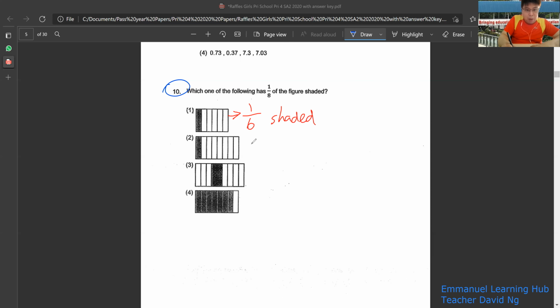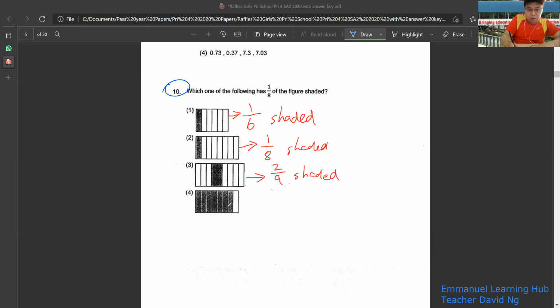Yes. How about part 2? How many parts are there? 8 parts. So how many parts are shaded? 1/8. How about number 3? What is the fraction that's shaded? 9/2? Nope. 2/9.